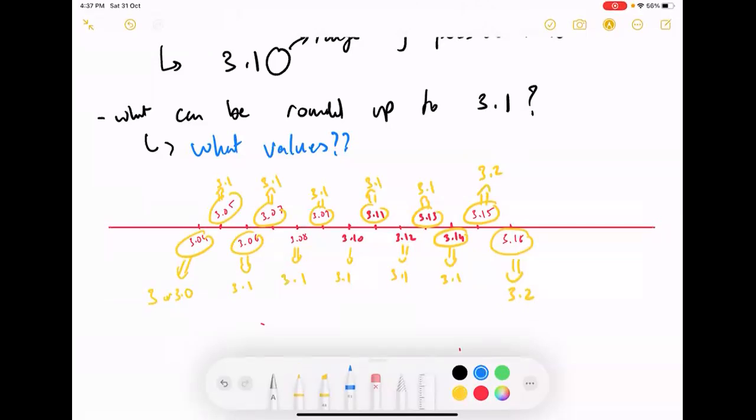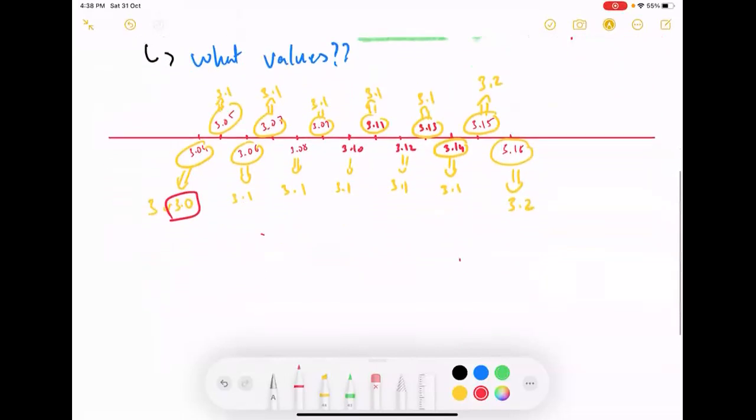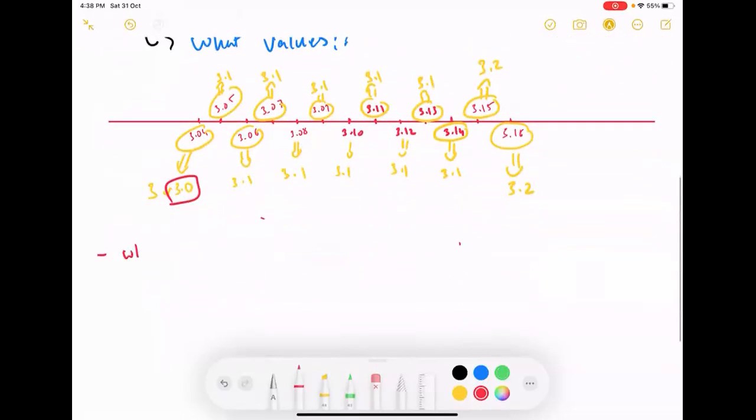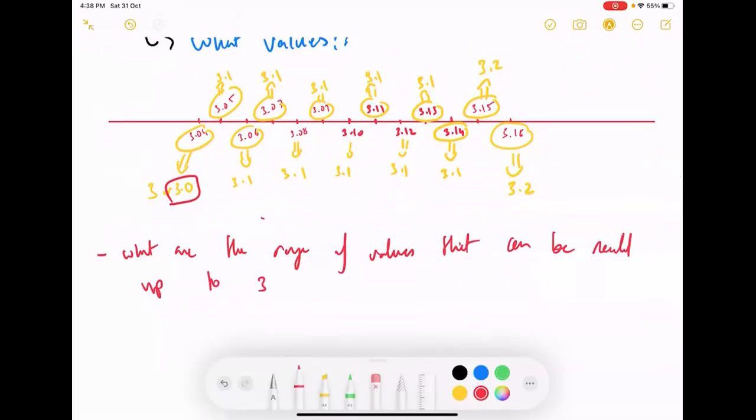We're rounding up to one decimal place. 3.0. Okay. So what is the range of values that can be rounded up to 3.1?